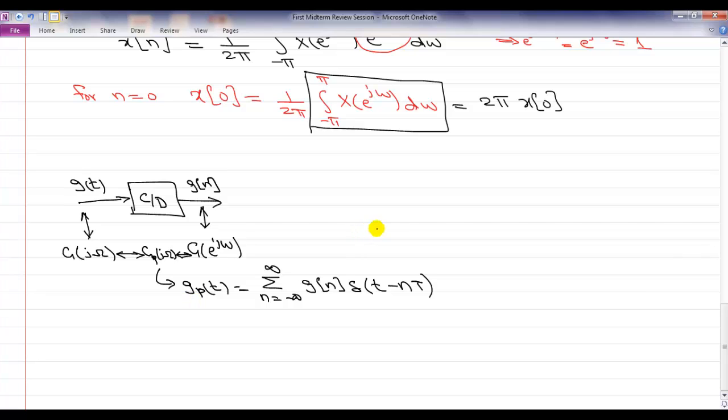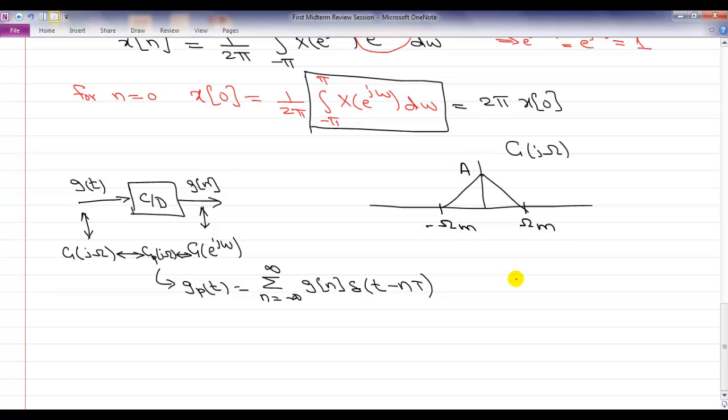The general principle is, once you go to the frequency domain, let's say this is your transform G(j omega), from minus omega m to omega m, and the height is a.